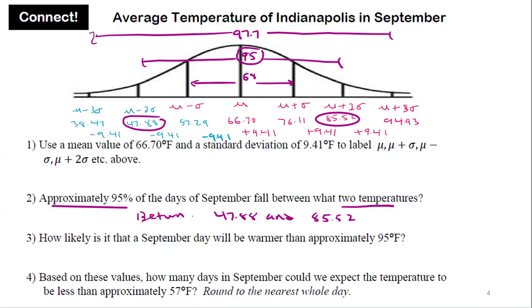All right, let's go to the next question. It says, how likely is it that a September day will be warmer than approximately 95 degrees Fahrenheit?